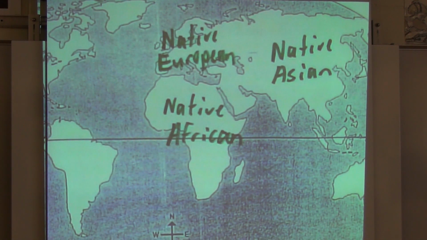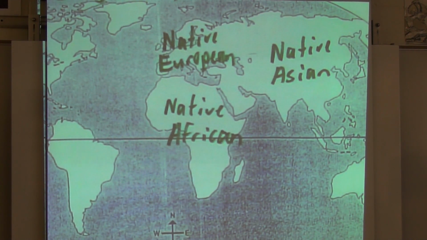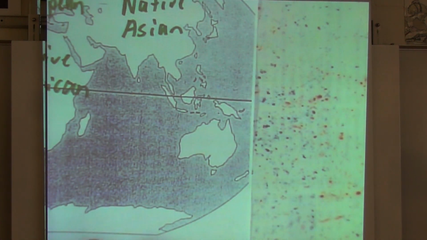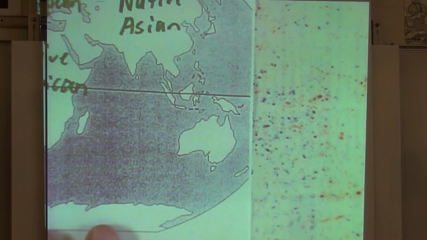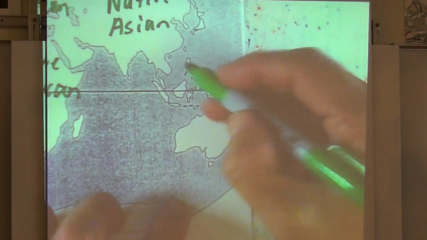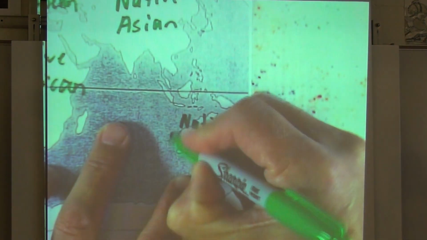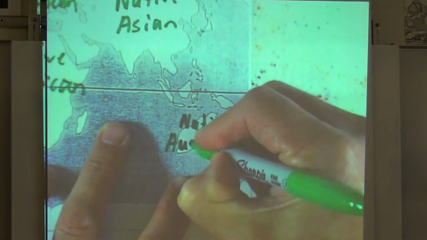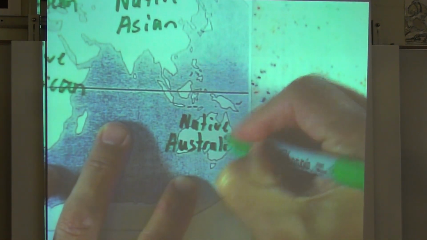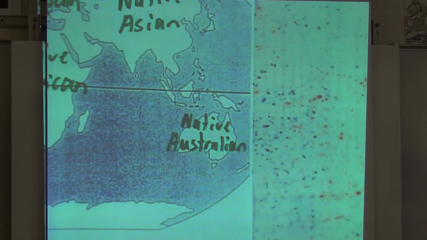So what we would say is lots of native African languages. When we think about this smaller continent, really one of the smaller continents, we're going to say the same thing: native Australian. We think of the indigenous people of Australia. We call them Aborigines.